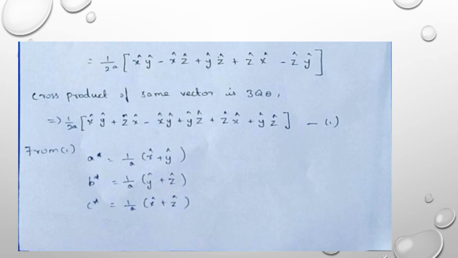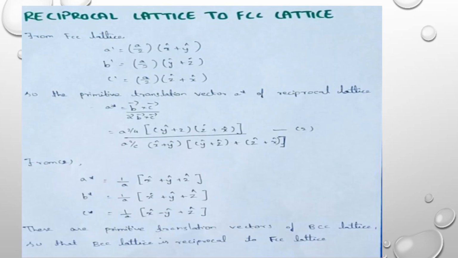From equation 1, A star is equal to 1 by A (x vector plus y vector). B star is equal to 1 by A (y vector plus z vector). C star is equal to 1 by A (x vector plus z vector).